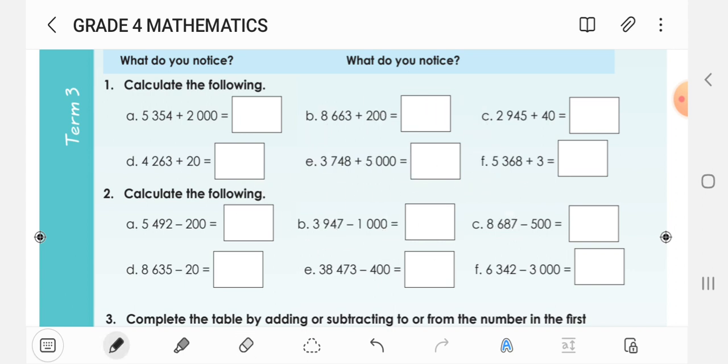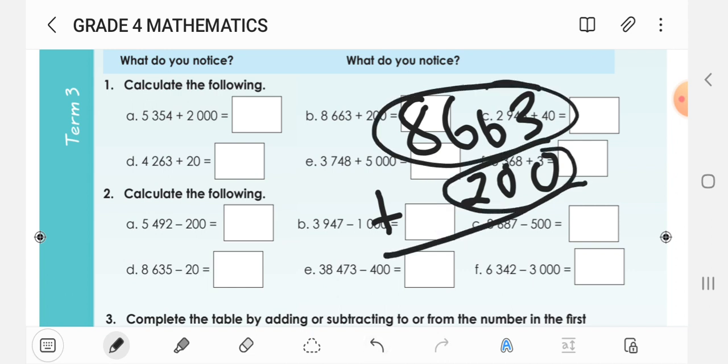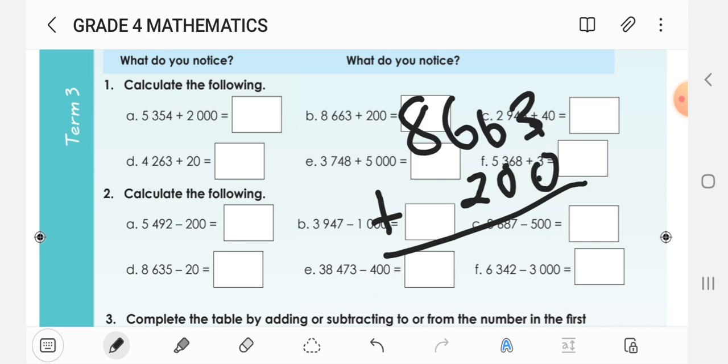And then for number B, which is this one, we will have 8,663 plus 200. We don't have a number here, so we don't put it there. This is 100, this is 1,000. 3 plus 0 is 3. 6 plus 0 is 6. 6 plus 2, that is 8. 8 plus 0 here, we have 8.